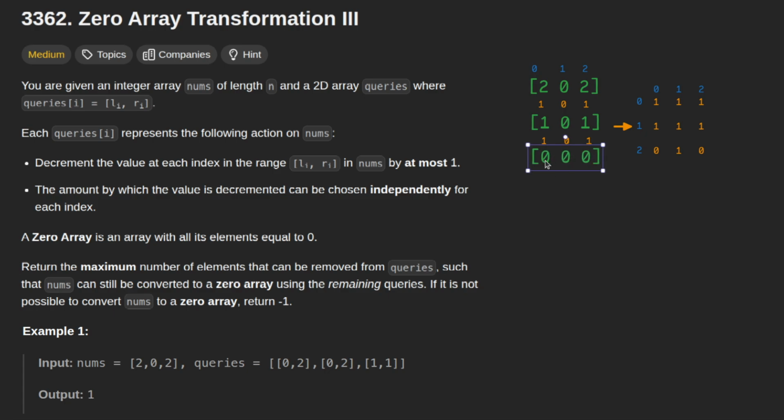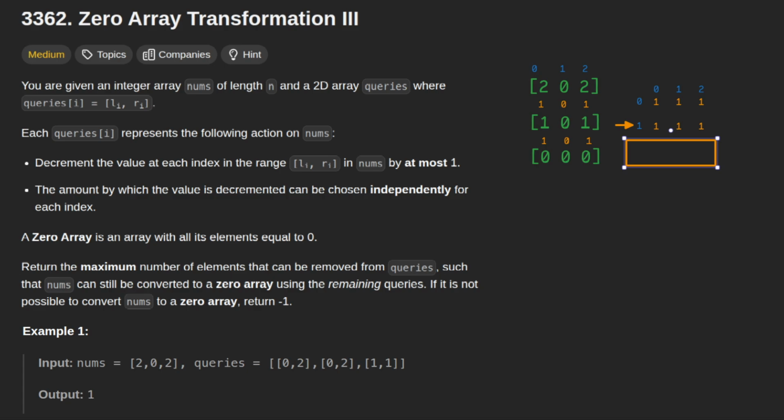Once I get 0 0 0 here, I can say that although three ranges are provided, I don't need to go to the third range, right? I have achieved a 0 array in the second range only, so my output will be 1, that this is a useless range that we get.